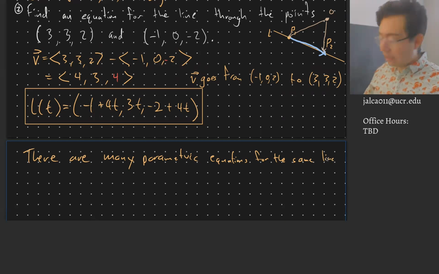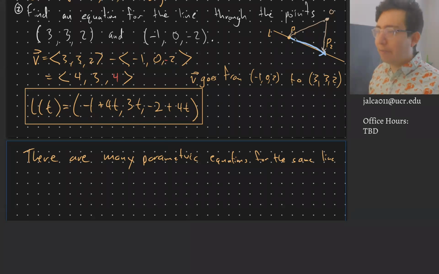So you could take the same line and come up with different parametric equations. If you do this and then your buddy does this and you compare answers and the parametric equation you end up with is different from your buddy's, doesn't mean either of you are necessarily wrong, okay? You could still both be right, even if you get different parametric equations.